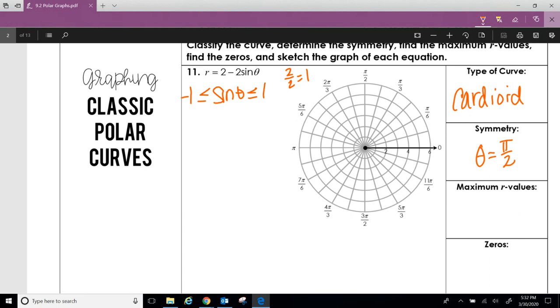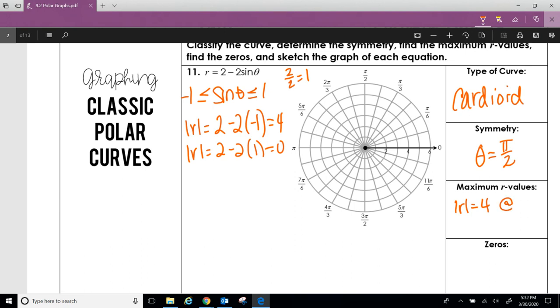So our r value is going to be either 2 minus 2 times -1, or 2 minus 2 times +1. So -2 times -1 would be +2, plus 2 would be 4, or 2 minus 2 would be 0. So my maximum r value is going to be 4.